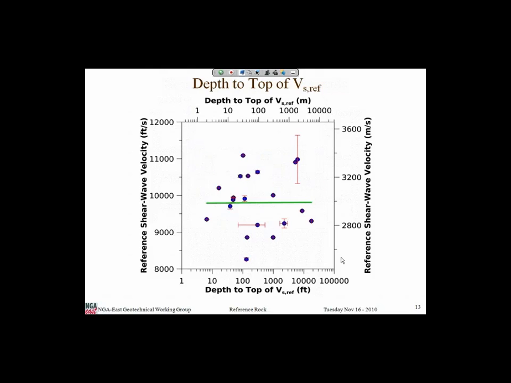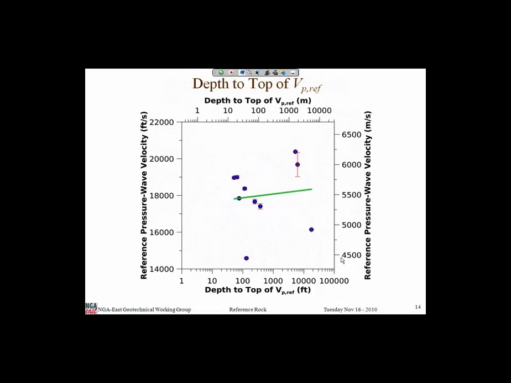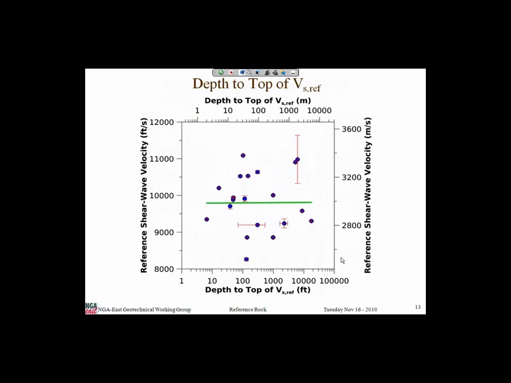We look at things such as trends, if there are any trends in terms of depth to the top of the VSREF. For the shear wave velocity, we really do not see much of a trend. The horizontal axis is log scale for that. This is where we're trying to see if there's a bias in the way we've picked the numbers, or if there are some definitive trends. We didn't see much based on where we picked our reference rock.